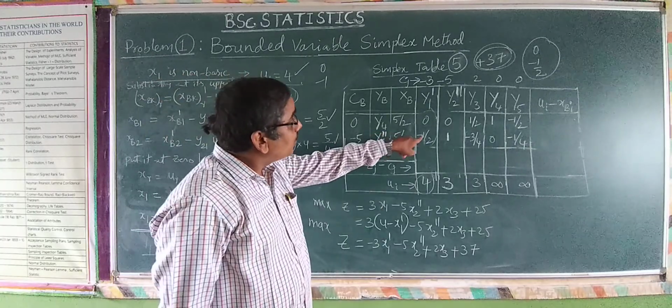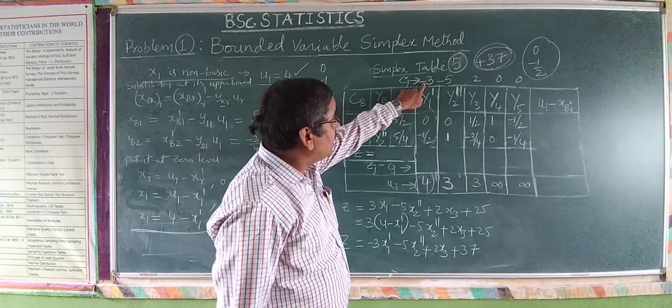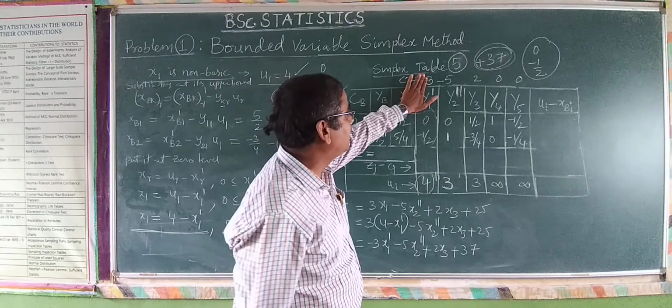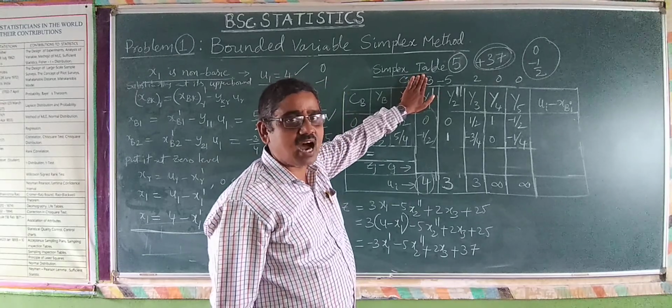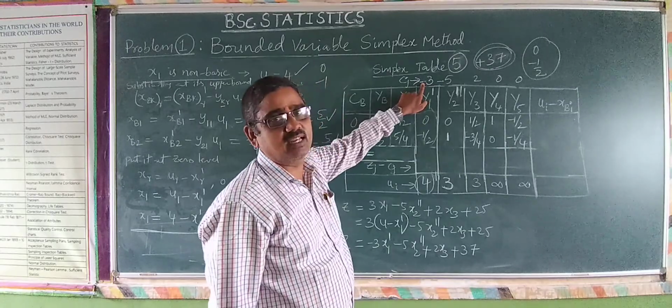Now, if the cost function has a negative value, for example, if it is 3, in the previous way the cost of y1 is 3. Now the y1 dash cost is minus 3.